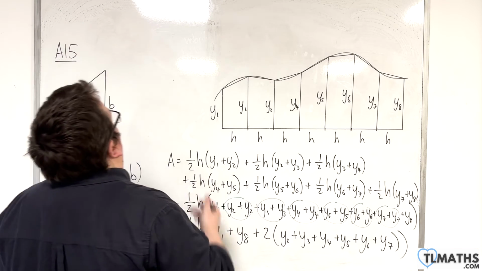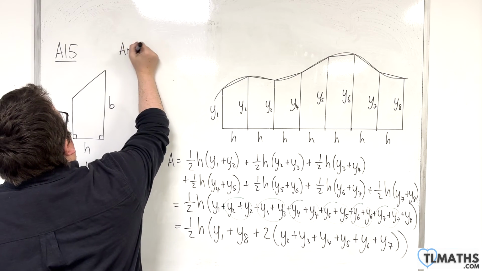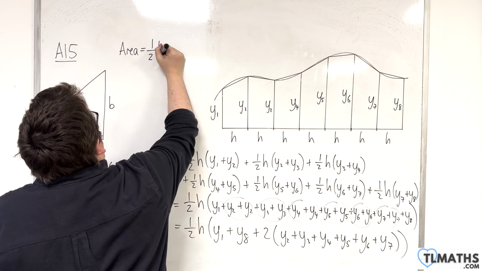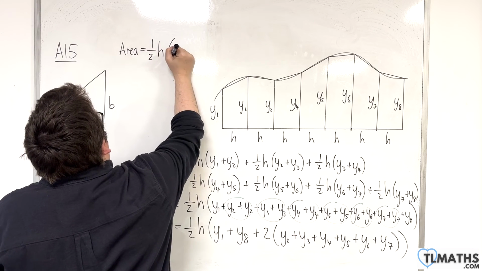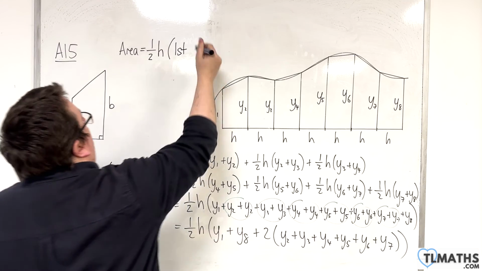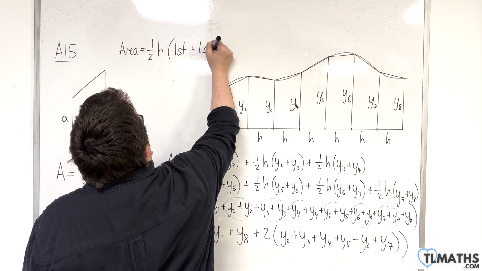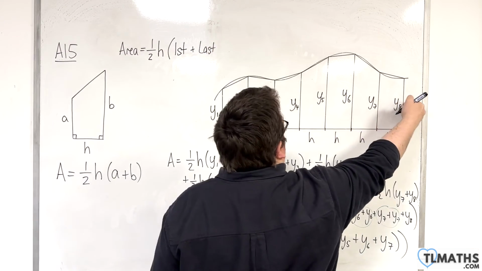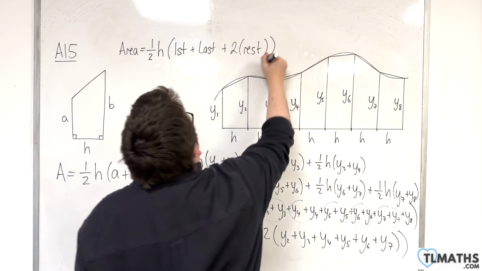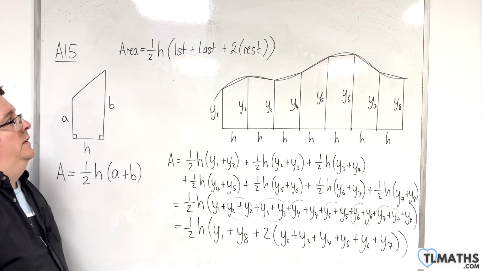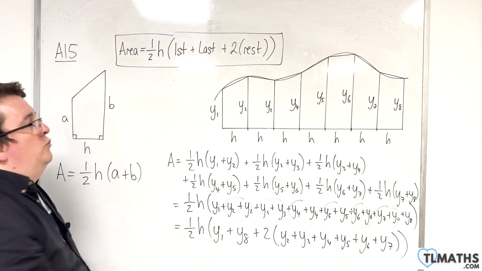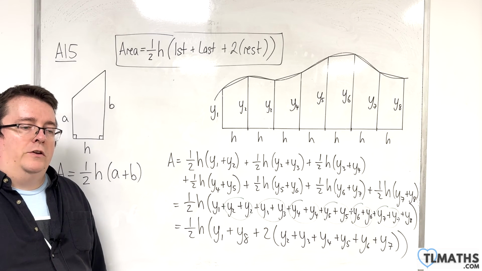So what is it? Well, the area you could write down as this. It's 1/2 times h times by the first height plus the last height plus two lots of the rest of them. And this is the trapezium rule. Okay?